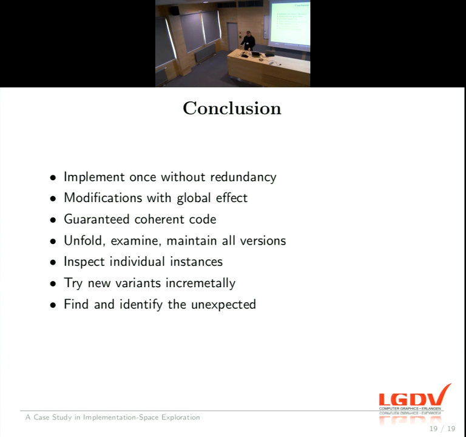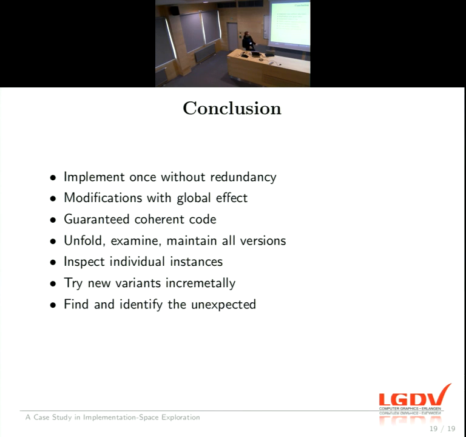When we would use a copy-paste method, for example, and copy our implementation, then try to introduce additional features by hand, we can end up with errors. That cannot happen with this approach. And then we are able to unfold, examine, and maintain all versions with one single implementation.